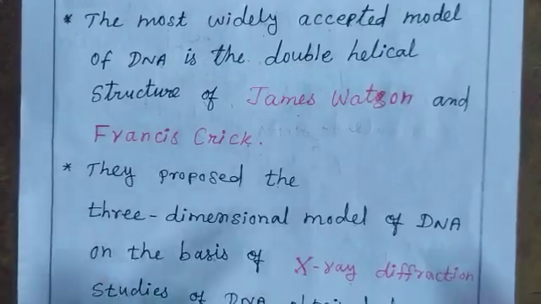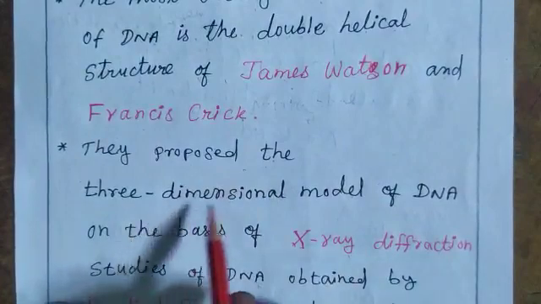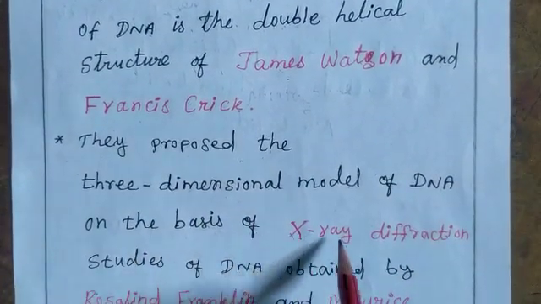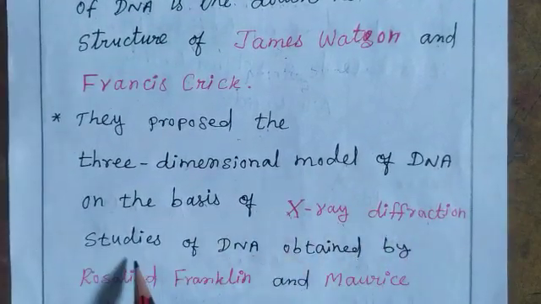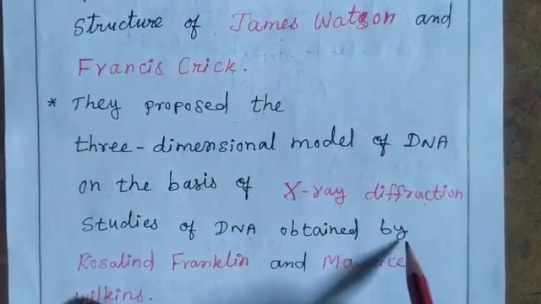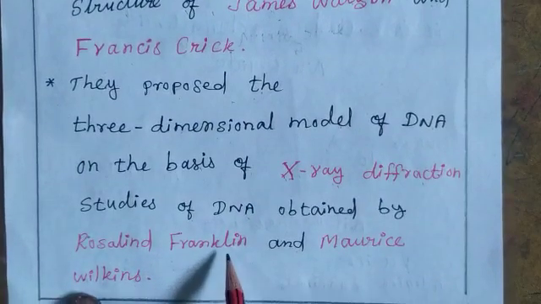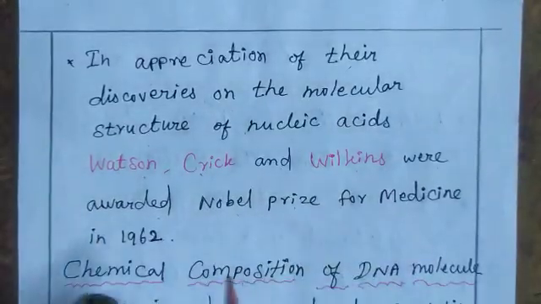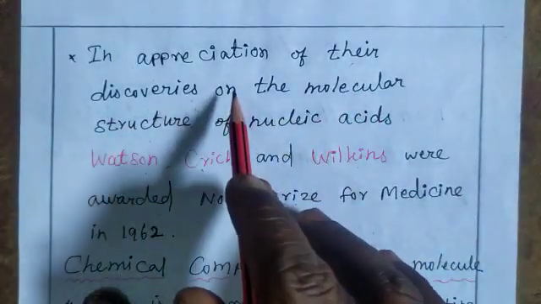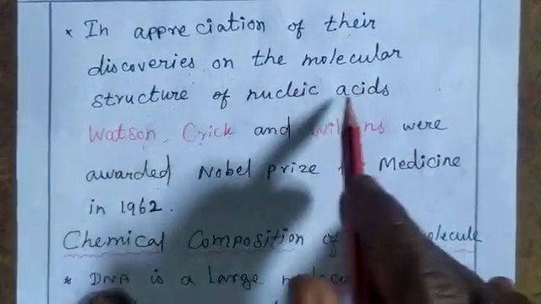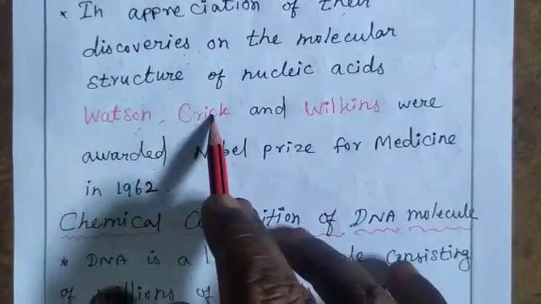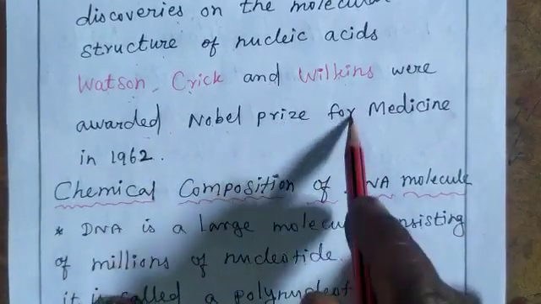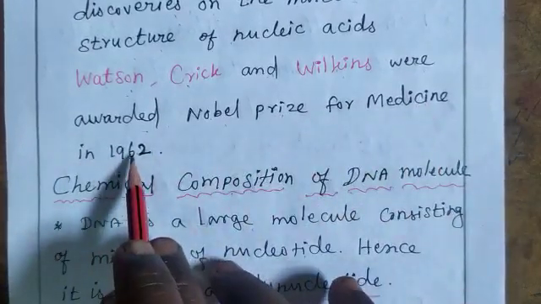They proposed the three-dimensional model of DNA on the basis of X-ray diffraction studies of DNA obtained by Rosalind Franklin and Maurice Wilkins. In appreciation of their discoveries on the molecular structure of nucleic acids, Watson, Crick, and Wilkins were awarded the Nobel Prize for Medicine in 1962.